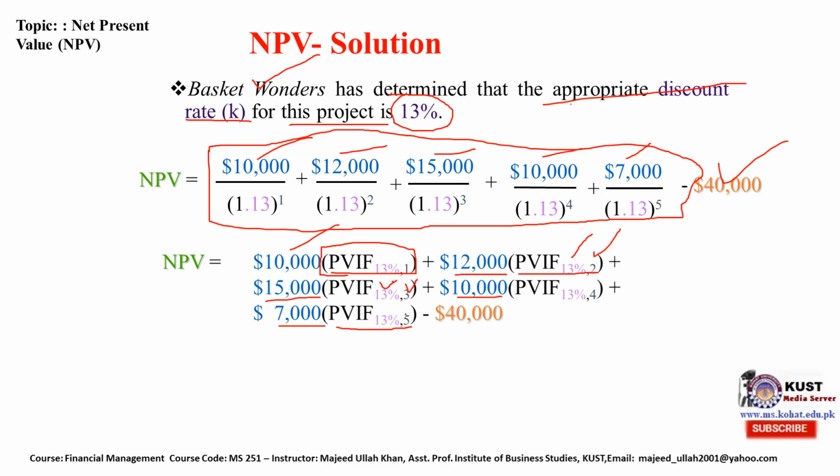We will get this discount factor from the table. We will deduct the initial cash outlay from all these present values.